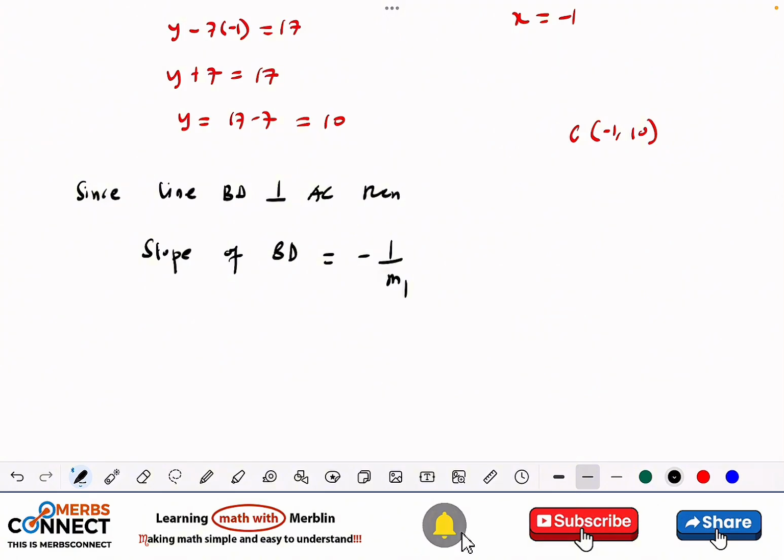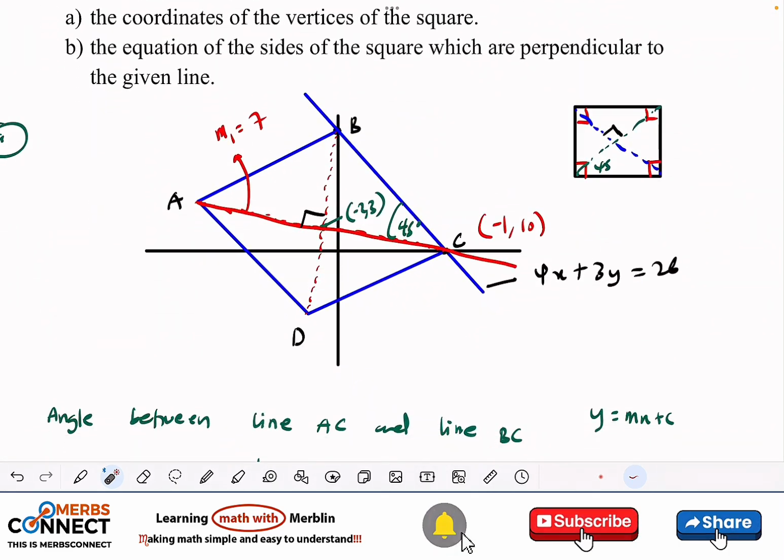The M1 that we chose was 7, so this will be minus 1 over 7. So now we've gotten the slope for this line here, right? So this line here is having a slope of minus 1 divided by 7. So since this point is on this line too, we can use this to find the equation of this line.